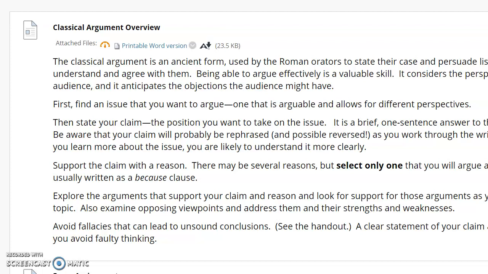Normally we don't do that in an argument. All we do is talk about our perspective, write about our views, the way we see the situation. And we seldom stop and say, well, I understand that you see the issue this way, or as I understand your perspective, you think this is important.